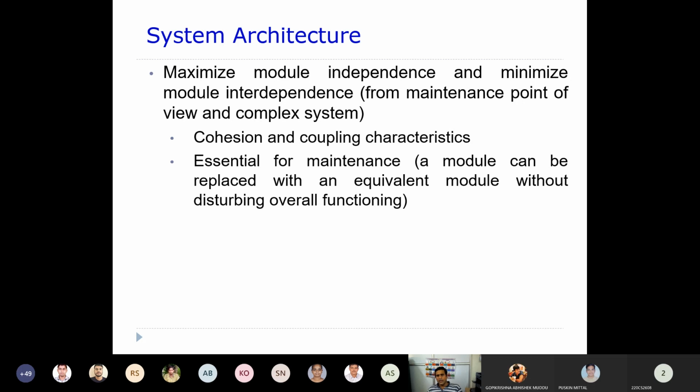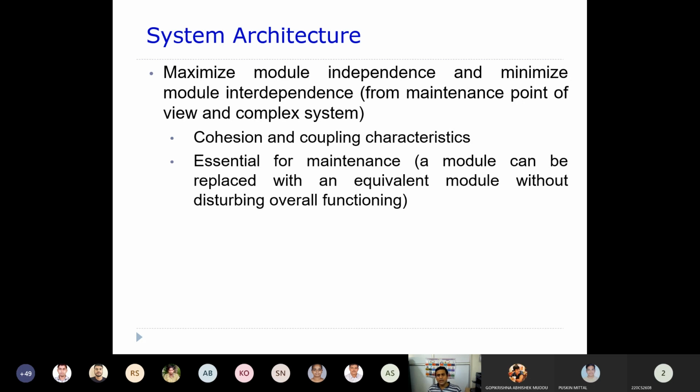The module should be very independent, so it should not take any help from other modules. It should carry out its own activities. That is the way you need to understand it. So you need high cohesion, and the coupling should be very low. Essential for maintenance.